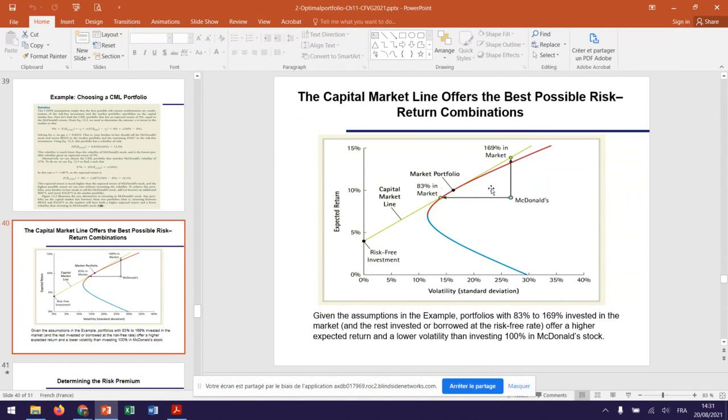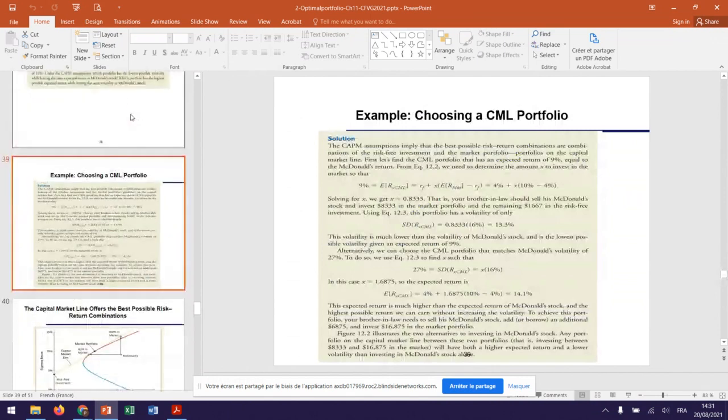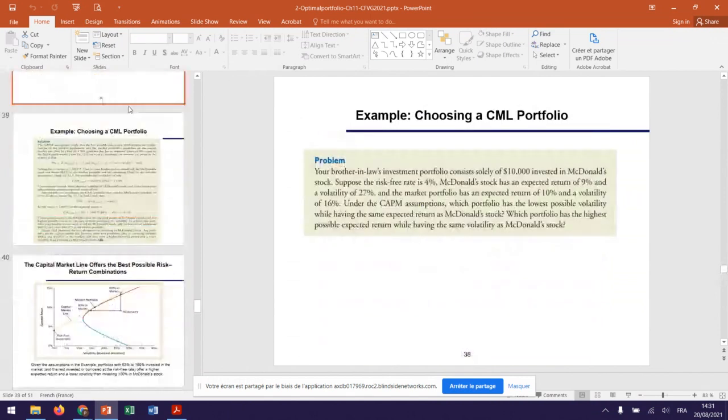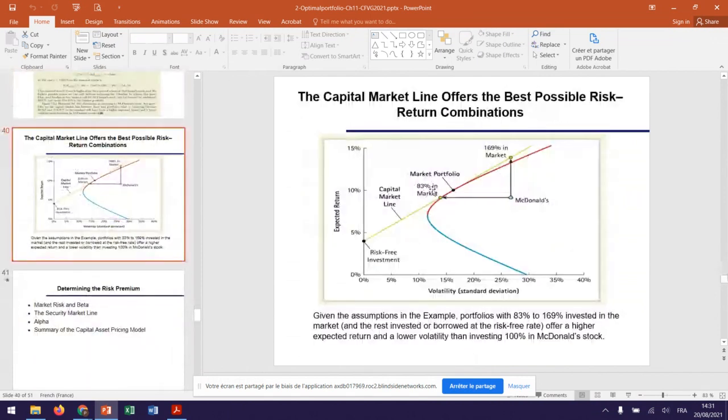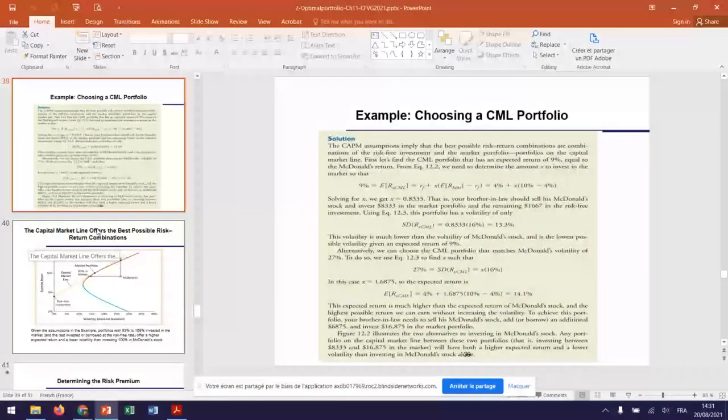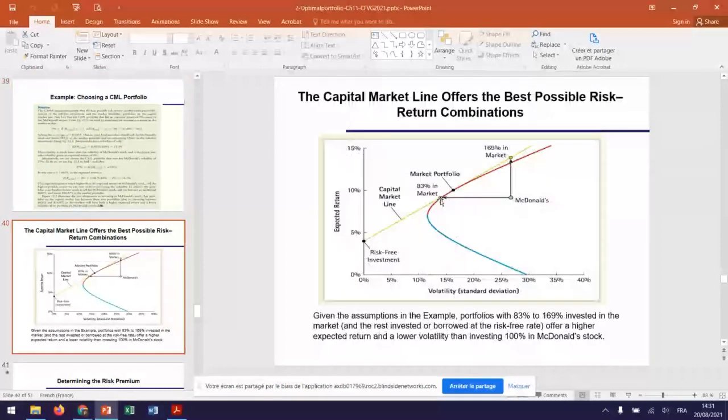So you could recommend your brother-in-law buy the S&P 500 with 83% of his allocation. If he has, I don't know, I forgot, 10,000, meaning 8,333 if I'm not wrong, he should allocate it to the S&P 500, and the rest will go to the risk-free rate.